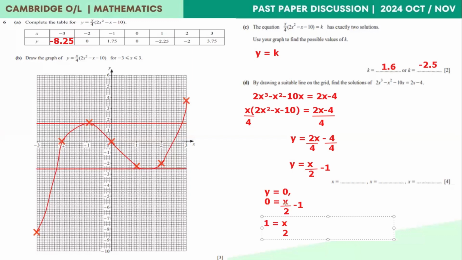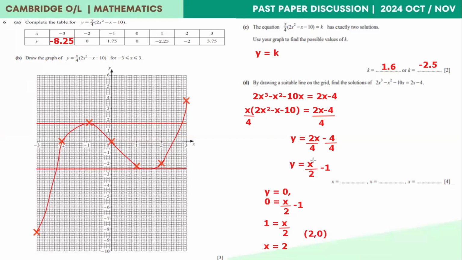We can also put this in the calculator and check it. So it's working. So x will be equal to 2. So the first point we got is 2 comma 0.